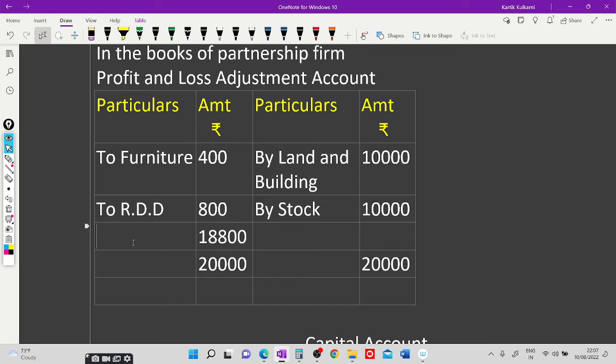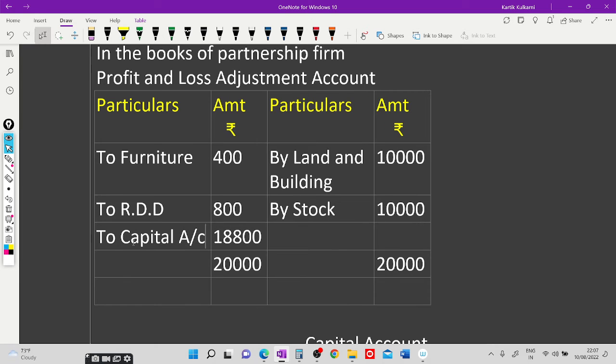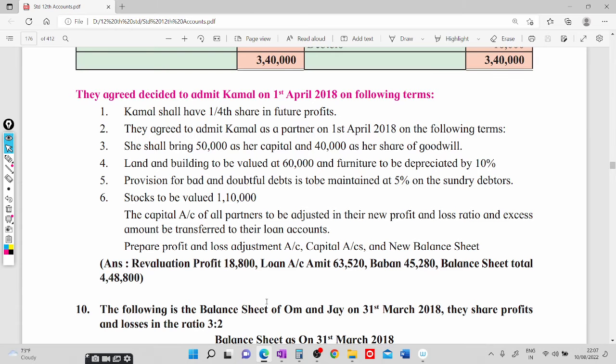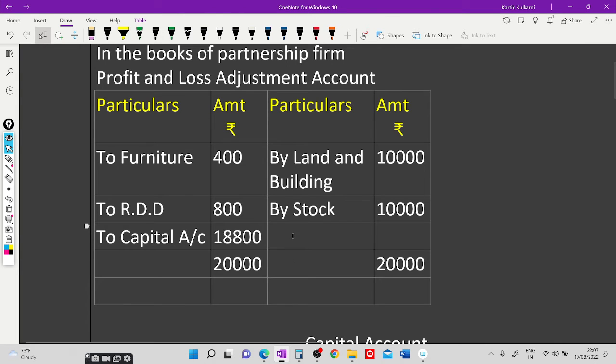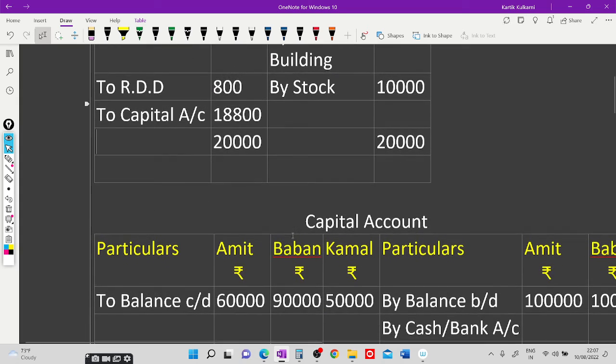Since credit total is more, it is a profit which will be distributed among capital account of old partners in old ratio. So 18,800. Let's distribute this profit among all partners by crediting the capital accounts.